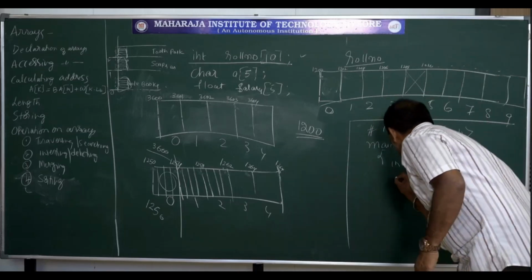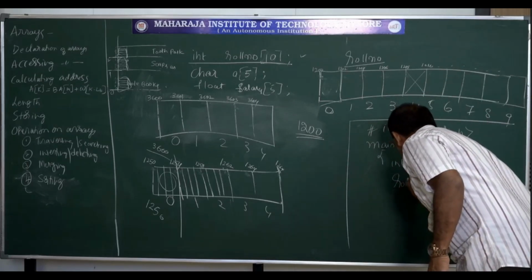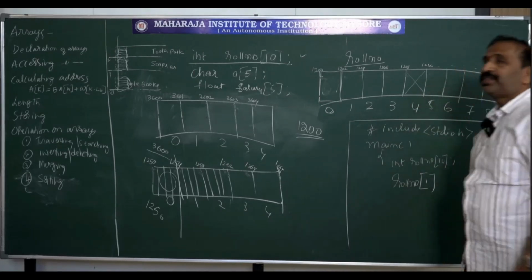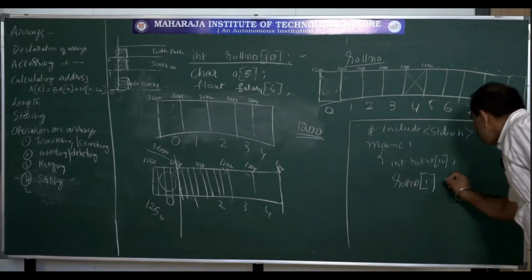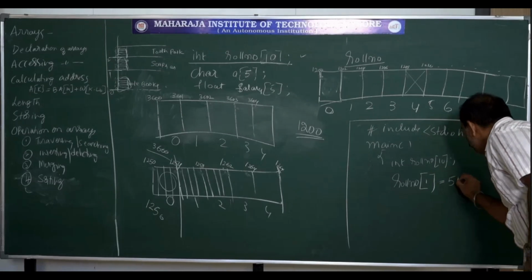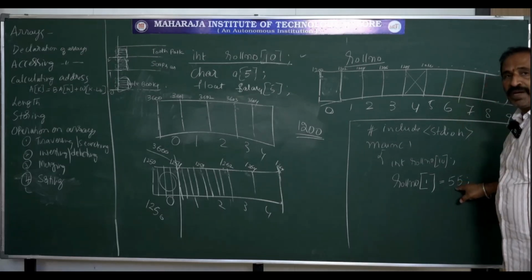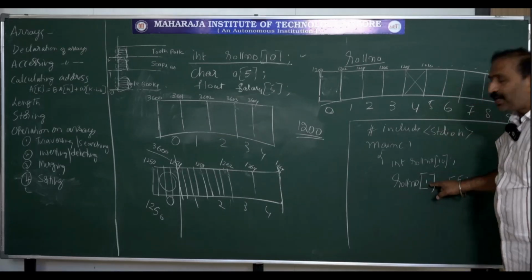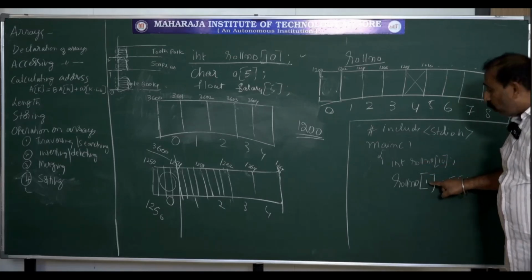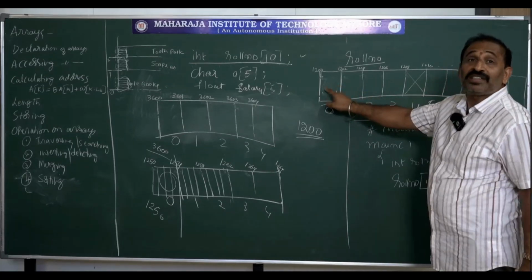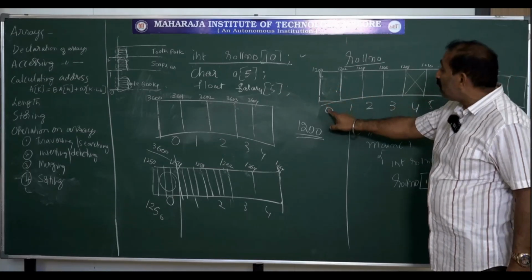Right. Then roll number of 1 equals 55. What does it mean? A value called 55 is stored at the index called 1. Where is it? Here it is. It is not here. It starts from 0.